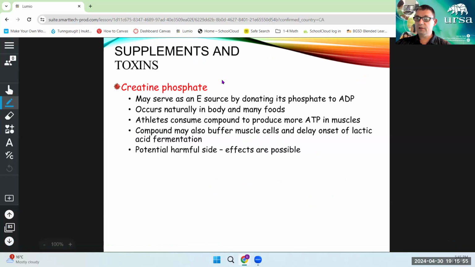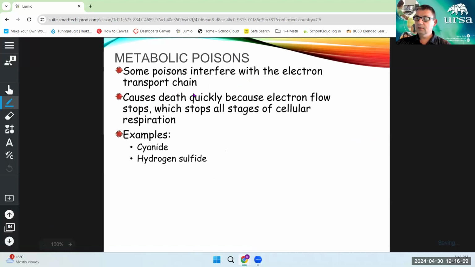Of course, in exercise physiology, supplementation has been utilized. And again, this might have the benefit of producing more ATP, but it might also cause other chemical problems as we see listed. Sometimes we get a metabolic poison, which actually interrupts the process.